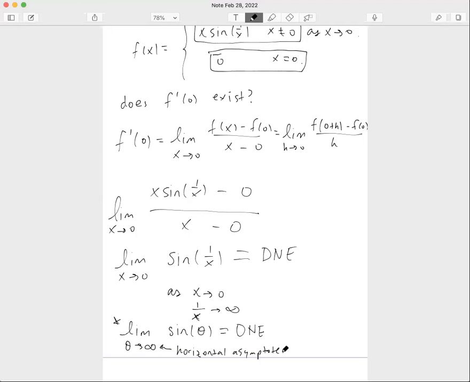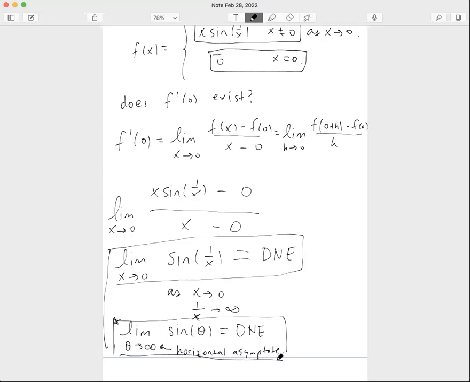Professor, I have a question. How come it's not 0 instead of DNE? Yeah, that's what we're trying to figure out. Do you agree that this and this are the same kind of limit?